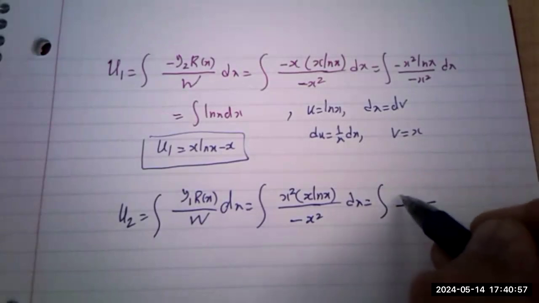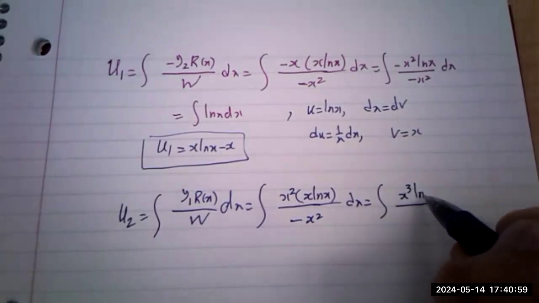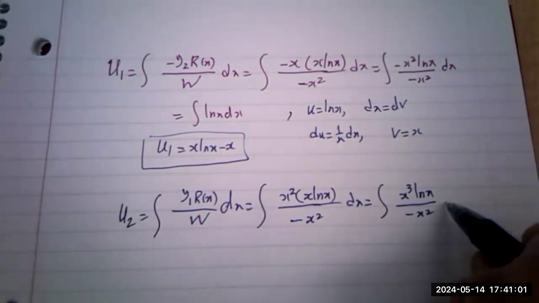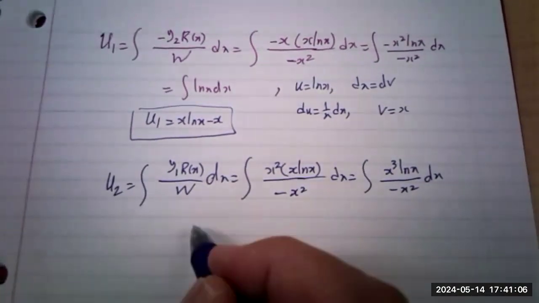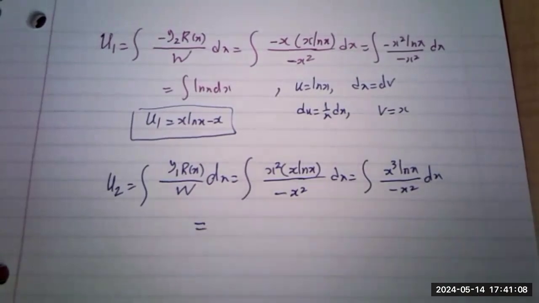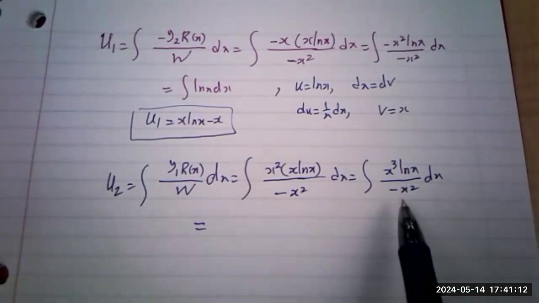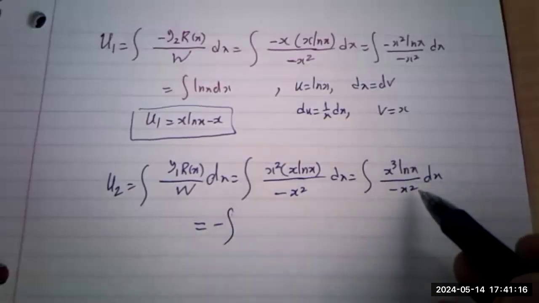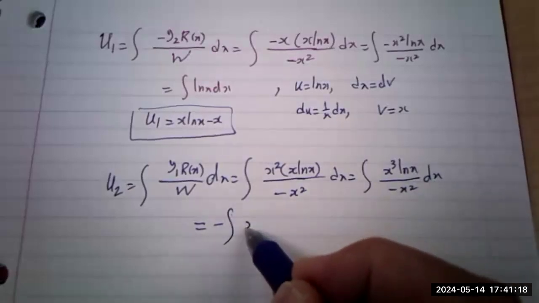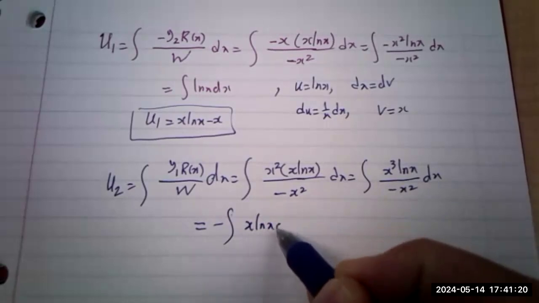If you multiply that, it gives you x cubed ln x over negative x squared dx. Divide by x squared. There's a negative sign here. So this is going to be negative x ln x.